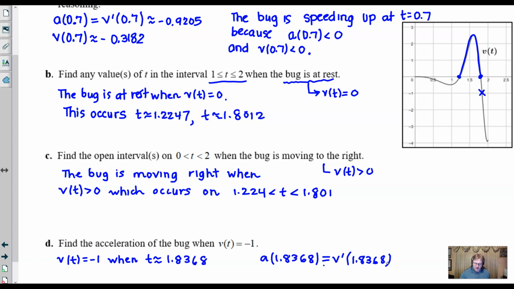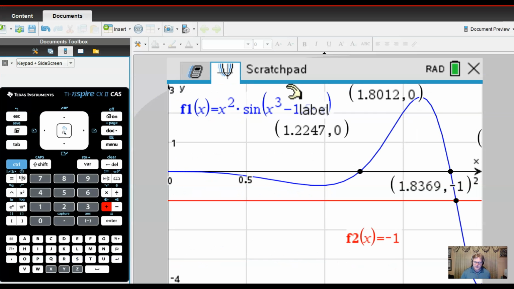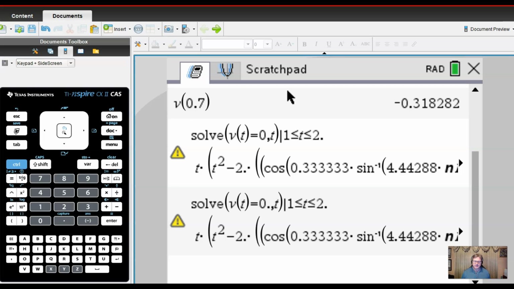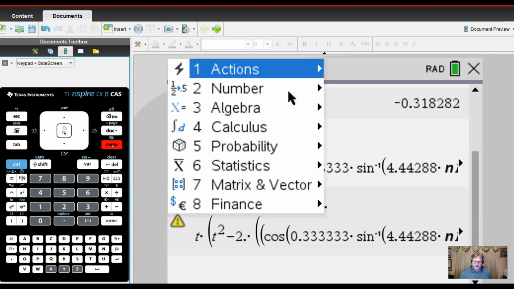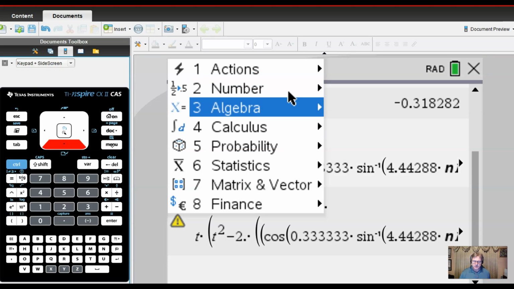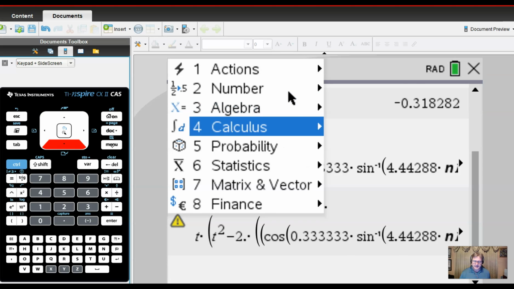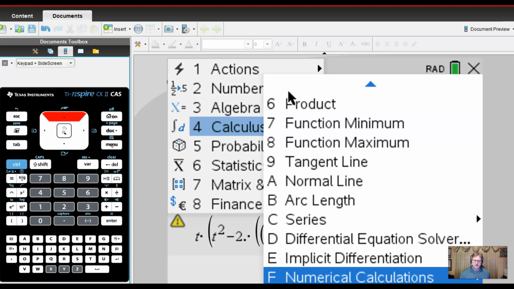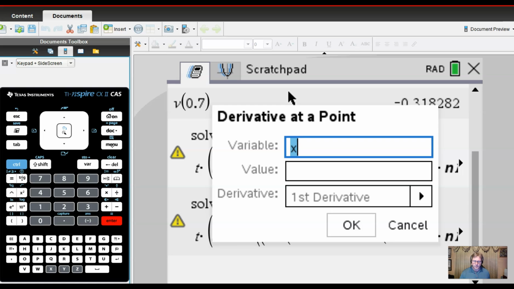And then if you recall on our calculator, if we go back to the calculator page here, we can go ahead and compute that derivative. Same way as before. Menu, I want calculus, option 2, derivative at a point. T is going to be my independent variable.